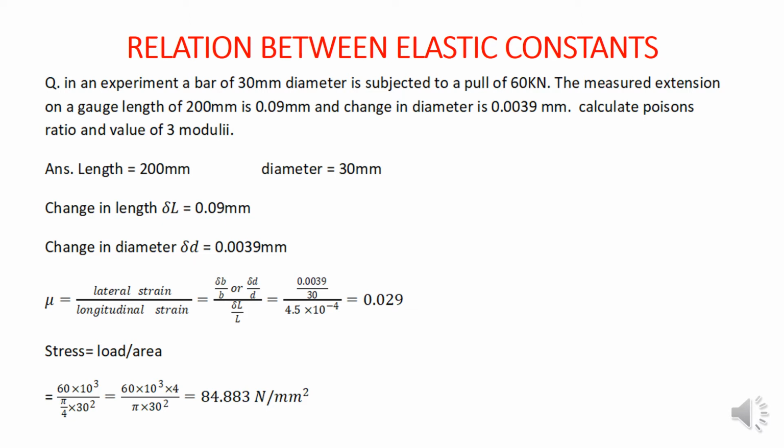So first question: in an experiment a bar of 30 mm diameter is subjected to a pull of 60 kilonewton. The measured extension on a gauge length of 200 mm is 0.09 mm and the change in diameter is 0.0039 mm.